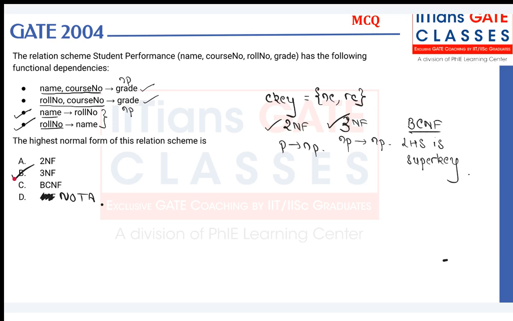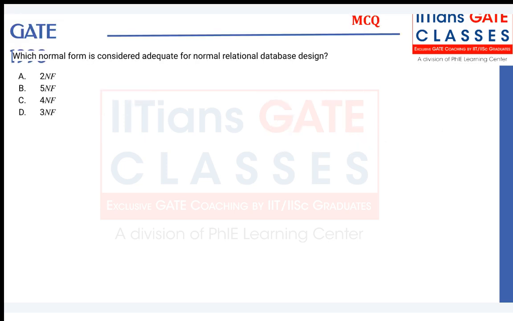Okay. Last question, theory question, very simple question. And this will be BCNF. And I will change this to 1NF. Which normal form is considered adequate for a normal relational database design?